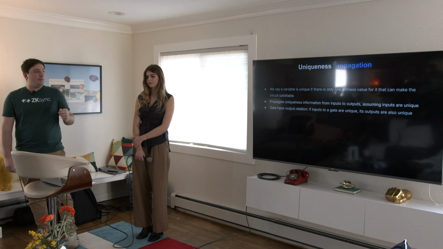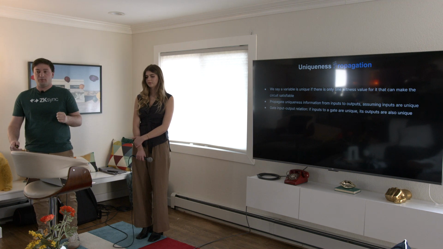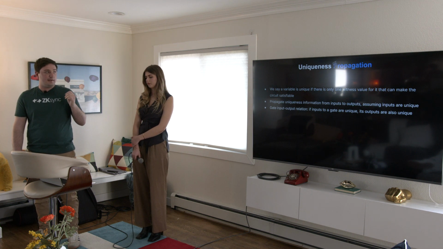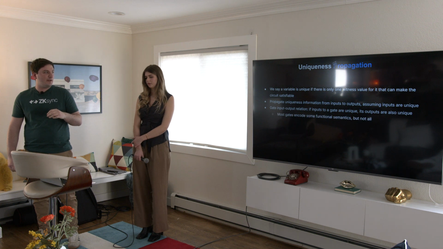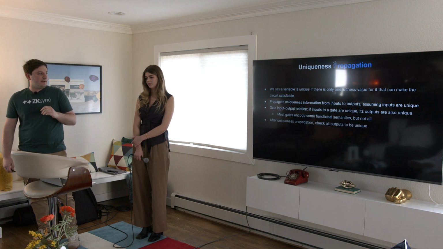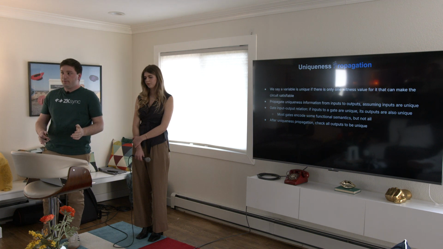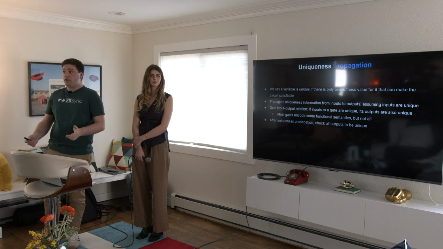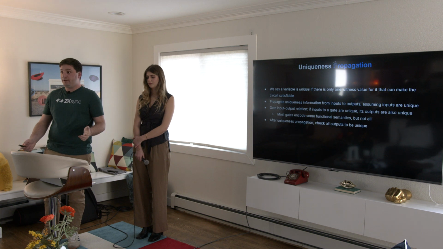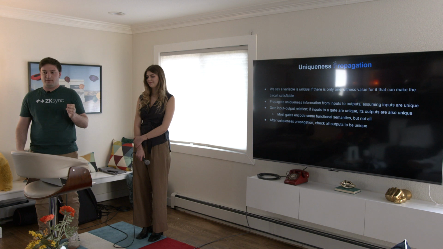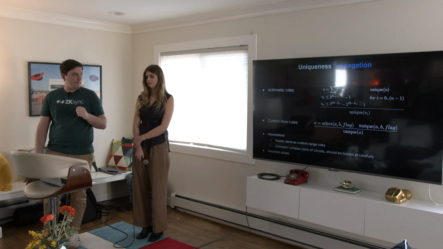We will exploit both the input-output relation of some gates and the rules that we will show in a second. After propagating this uniqueness property, we check if all of the outputs of the circuit are unique, meaning only one value of the witness can satisfy the circuit.